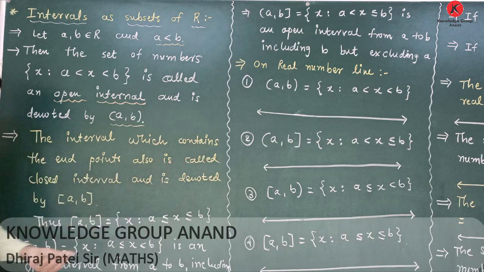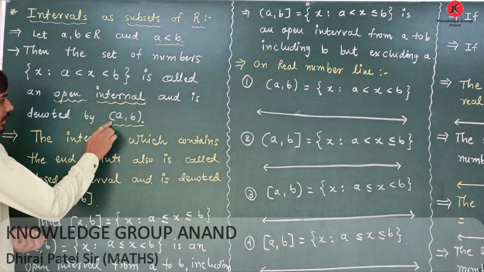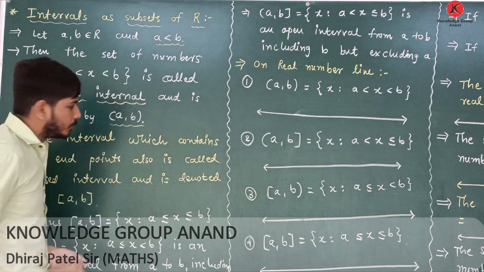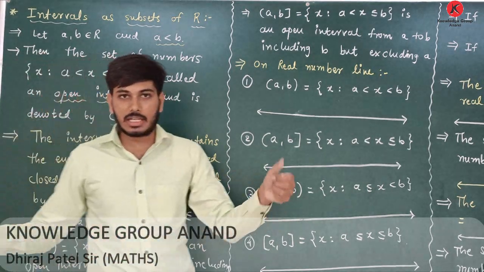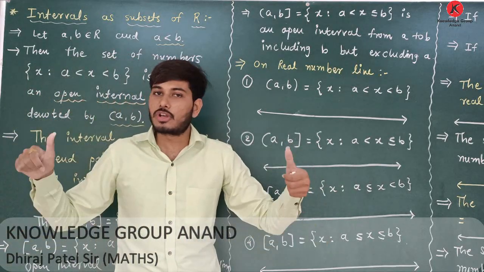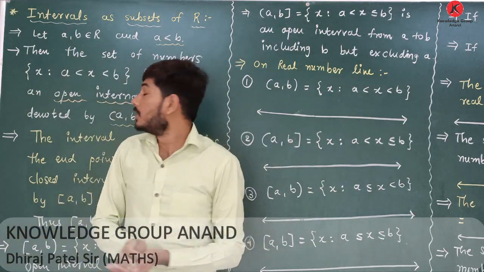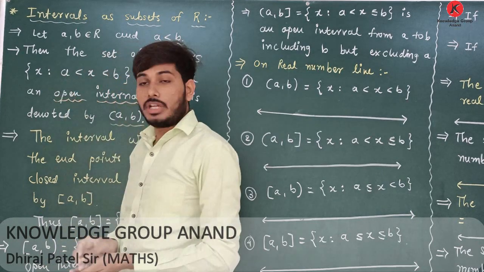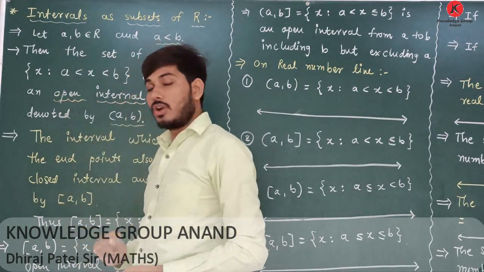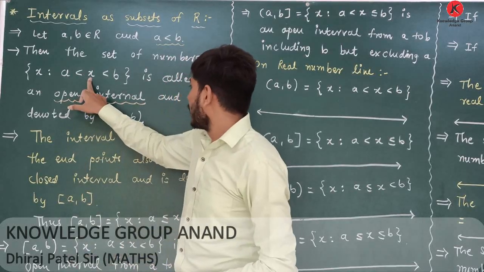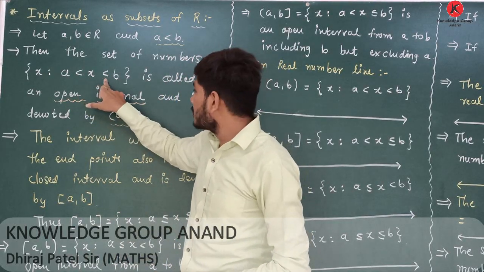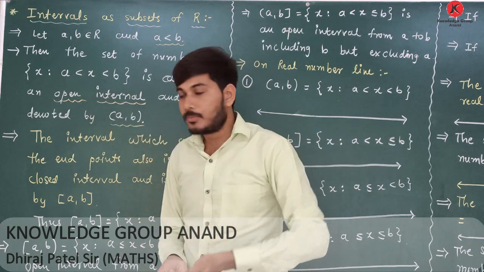Now, the interval which contains the end points. See here, in this case, A and B are the end points of this interval. But here we can't consider x equals A because the equal to sign is not there. Also, we cannot consider x equals B because the equal to sign is not there.